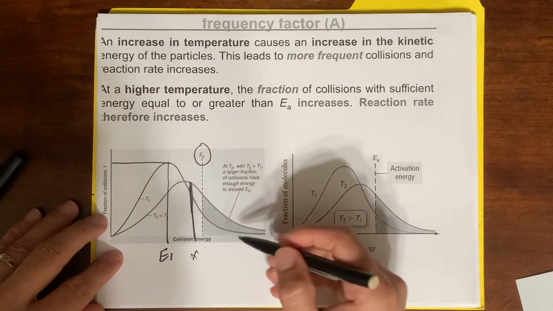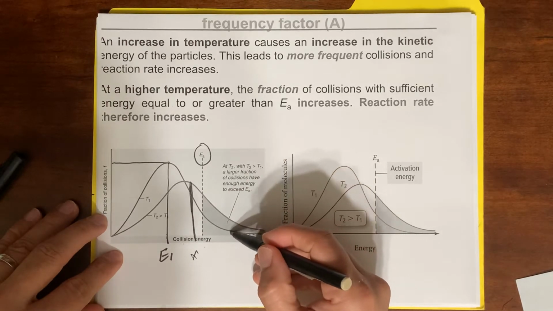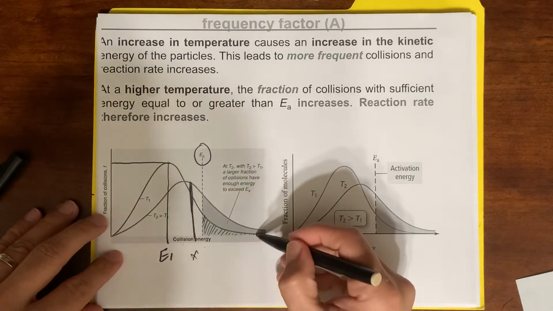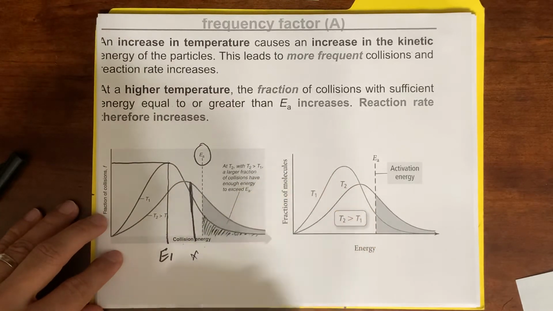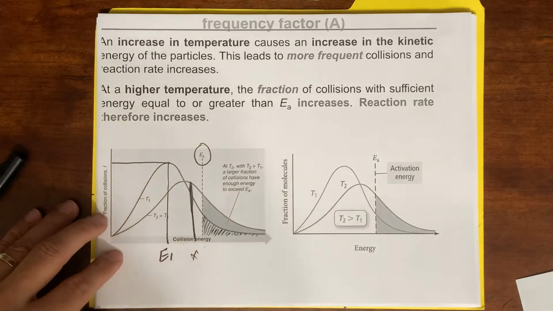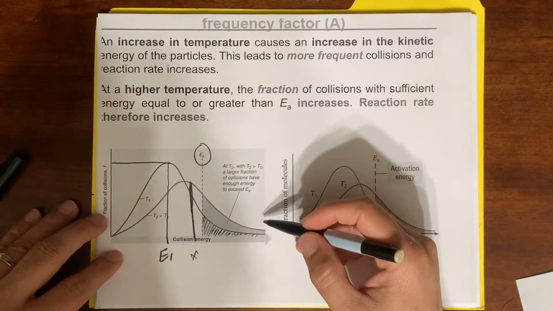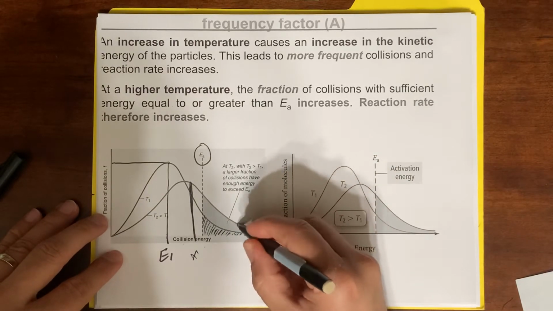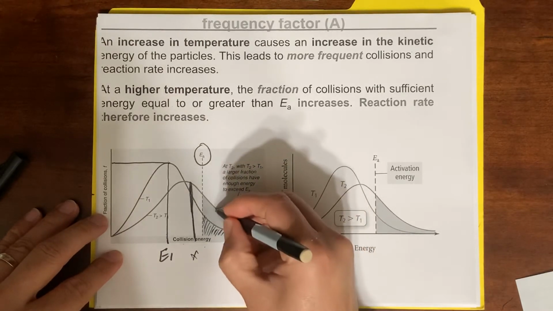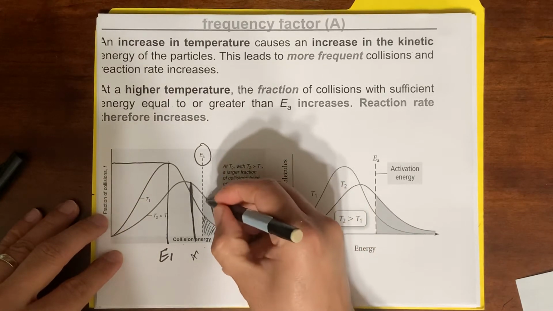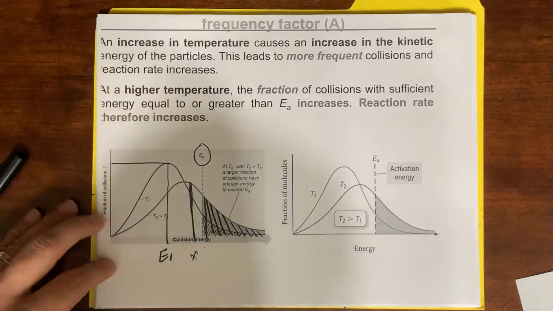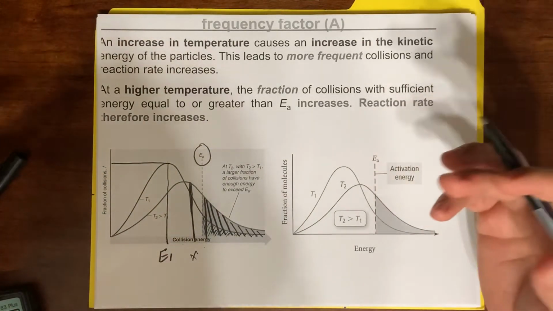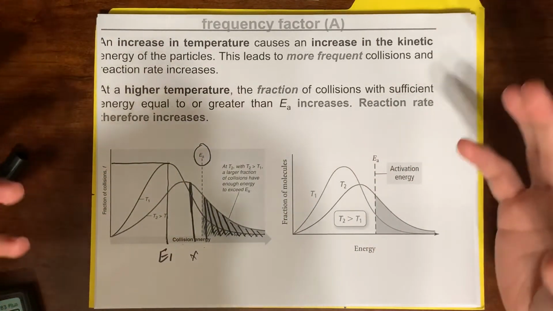When it was T1, this area was with enough energy in the right direction, or at least just say energy. But when we increase the temperature, now this entire area is capable of doing the reaction. So as you see, by increasing the temperature, we make the reaction more likely to happen.